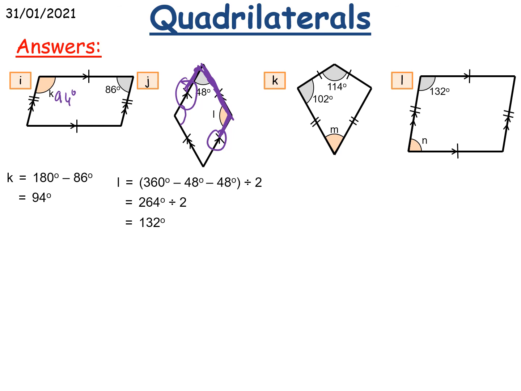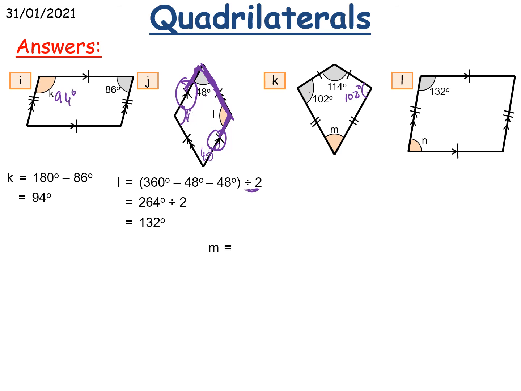However, I've done it a different way here. Realize this is 48, so down here is 48 degrees, and this must be L here. So there's two L's, so we divide by 2 and get 132 degrees. Here, we've got a kite. We know that this is 102 degrees because these two angles are equal.